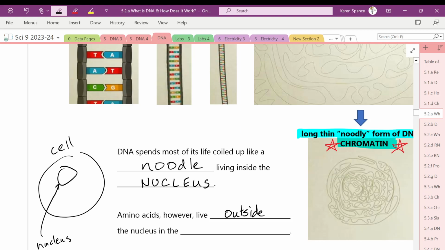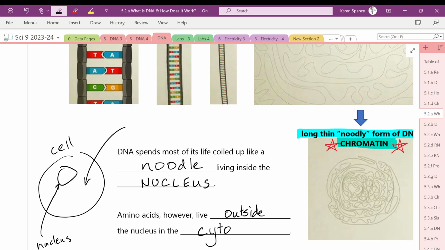That is close. Well, that's like the outside. We want the outside of the nucleus. So what's the bulk of the cell made of? Starts with a C. Cyto. And actually, if you want to know the meaning of the prefix cyto, cyto literally means cell.